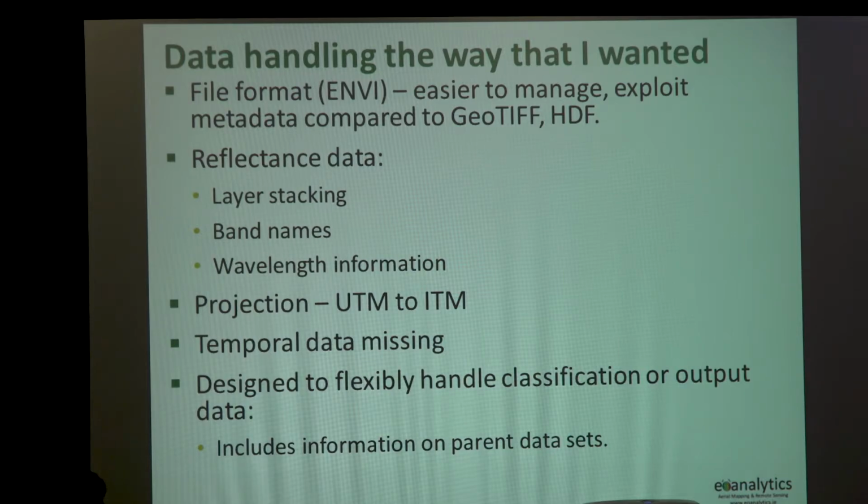So band 1 will be in a TIFF or a GeoTIFF or an ENVI file. That's band 1, band 2, band 3, but it doesn't have in it the band names. So if you're talking about Landsat 4 through 7, it would be the blue band. If it's Landsat 8, it's a coastal aerosol band. It doesn't have the wavelength information, including various parameters like the half width, or the full width half maximum data, etc.